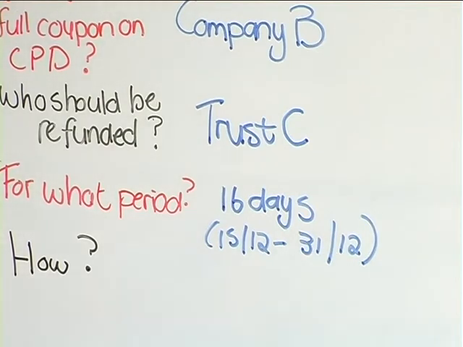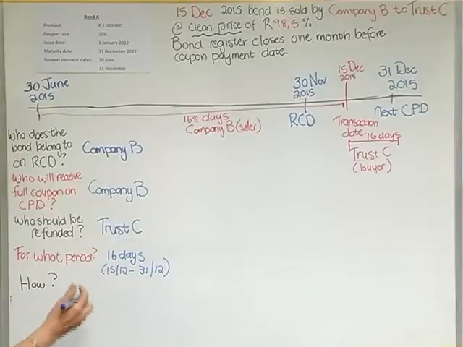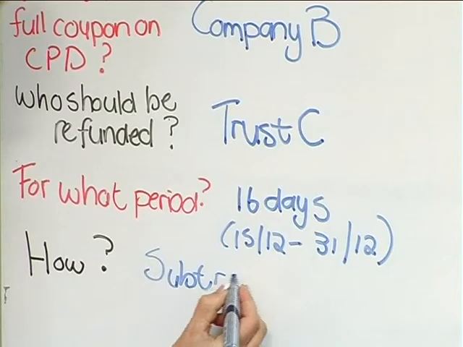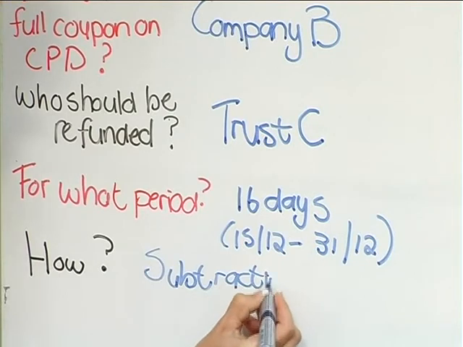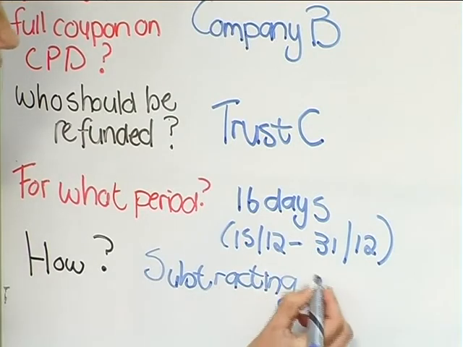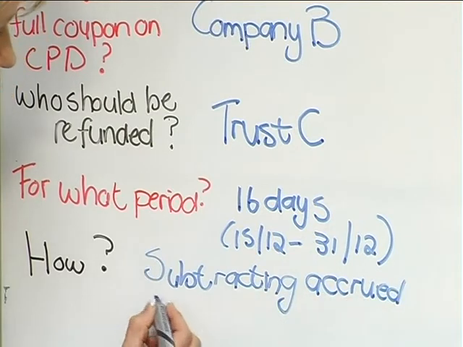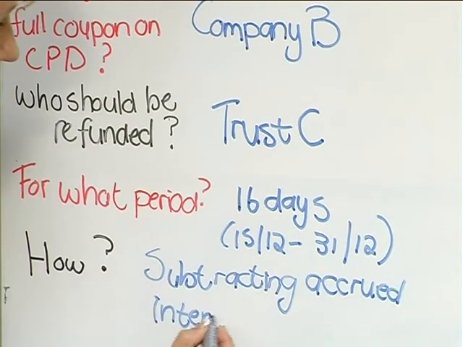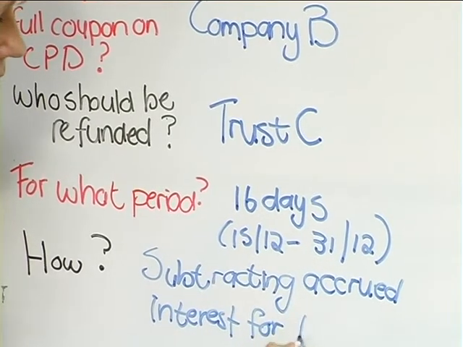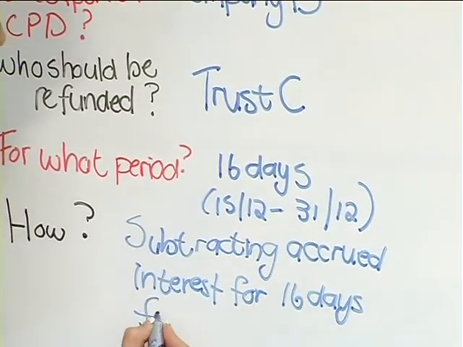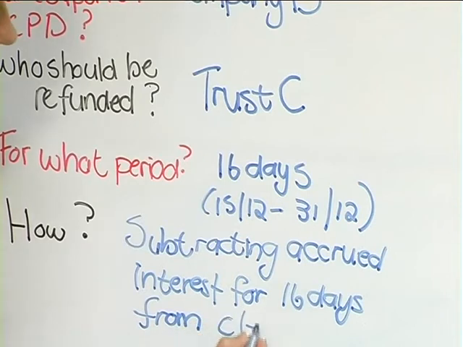And how will this be done? This will be done by subtracting the accrued interest for those 16 days from the clean price.